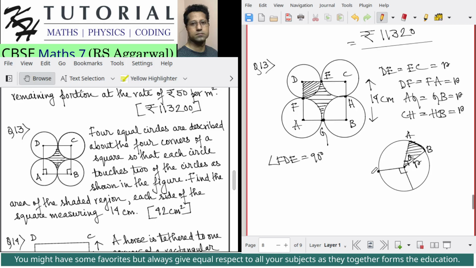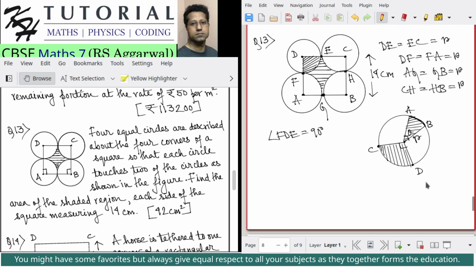Let's say the endpoints are C and D. Now this sector is known as a quadrant of a circle, because the area of this sector will be one fourth the total area of the circle, since this sector is making an angle of 90 degrees.